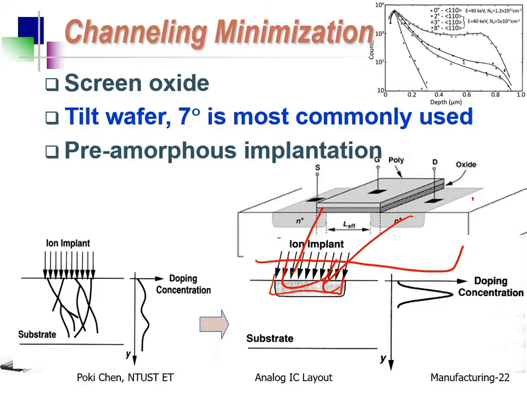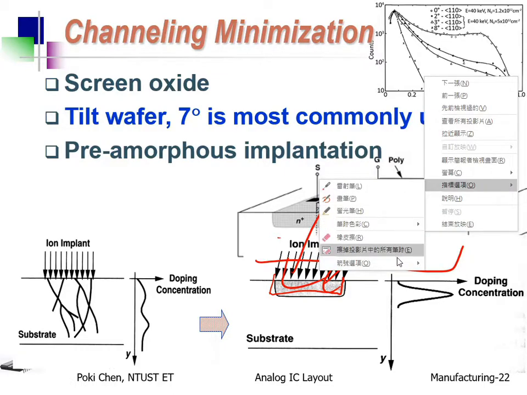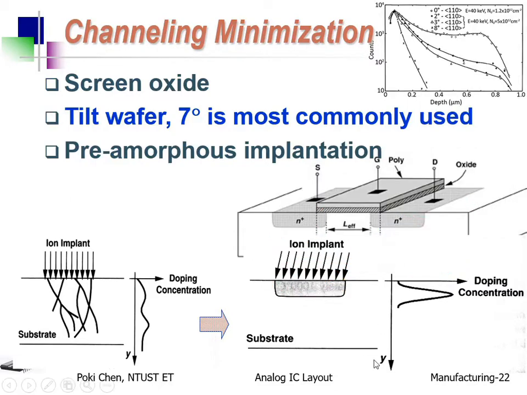Okay? That's it. According to such kind of three-dimensional view of the device, the current will flow, this is, for example, a MOS. Okay, so the current will flow from here. You have contact, metal 1.